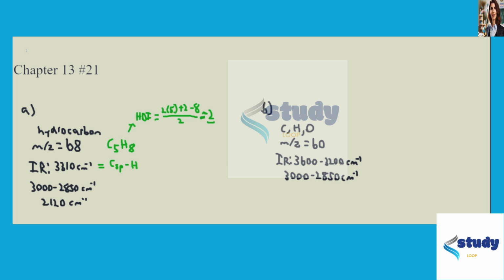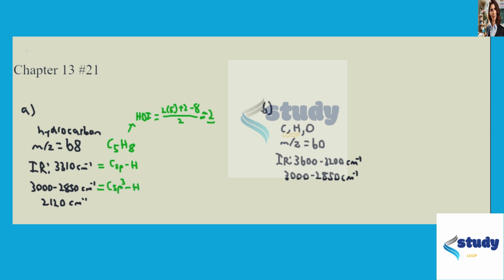So that's great. Then we have our next peak at 3000 to 2850. By now, hopefully, you have it committed to memory that is going to be a C-sp3 hybridized carbon bound to a hydrogen.